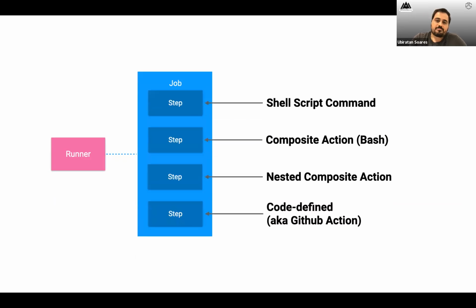Last but not least, a step can be defined as code, right? It's not a command that I am invoking. It's not a shell script that I am running and wrapping as an action. It's pretty much code that I wrote, let's say, using Python or Kotlin or JavaScript or whatever programming language I want, right?